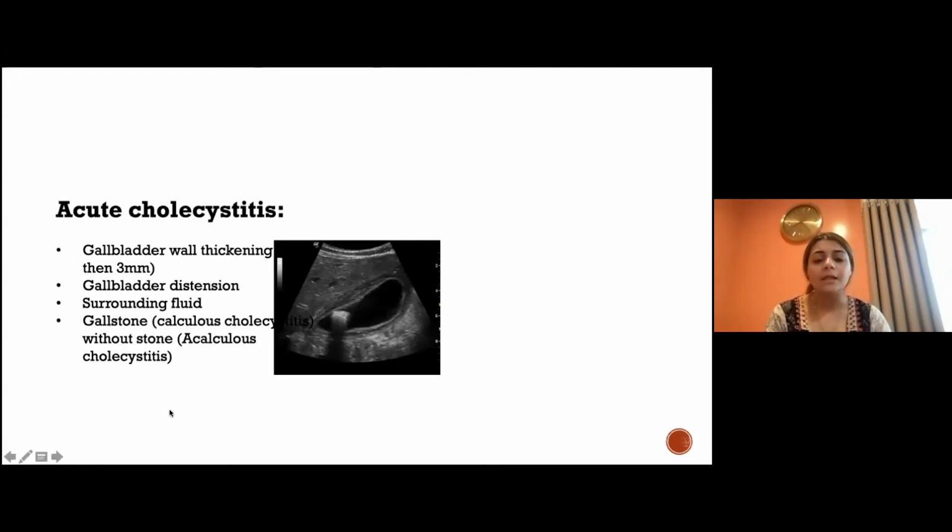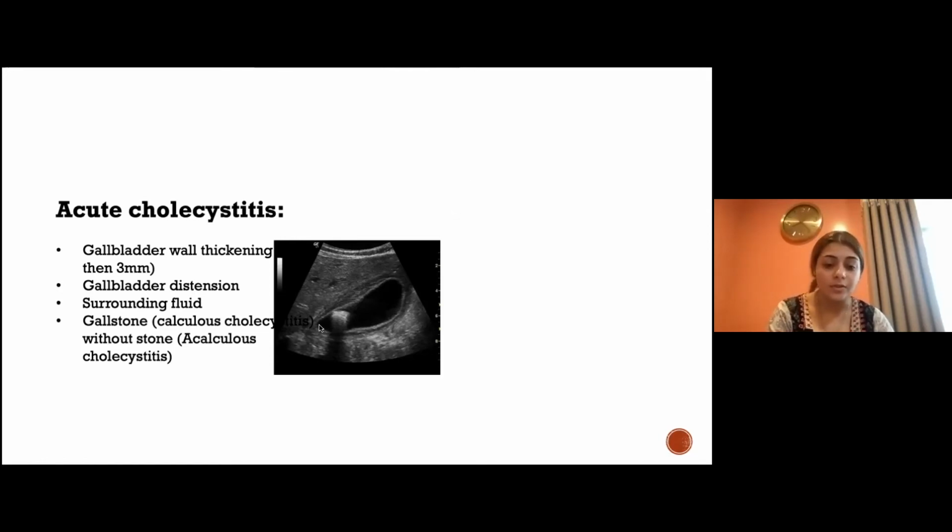The most common disease that we talk about when it comes to gallbladder stones is acute cholecystitis. And as you can see on the image, it will show you the gallbladder wall thickening, which is more than 3 millimeters. You'll see the distended gallbladder with fluid surrounding it.